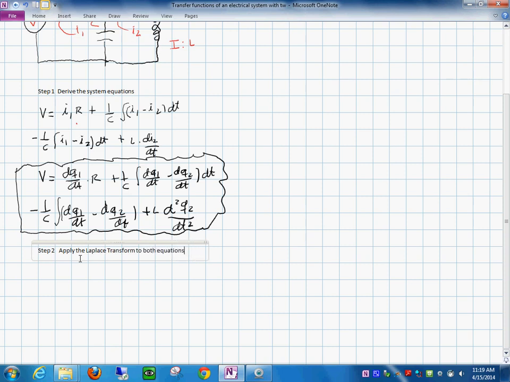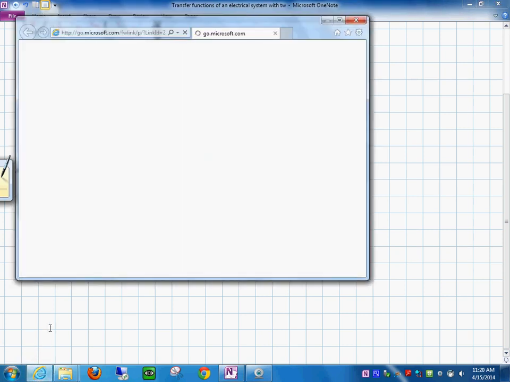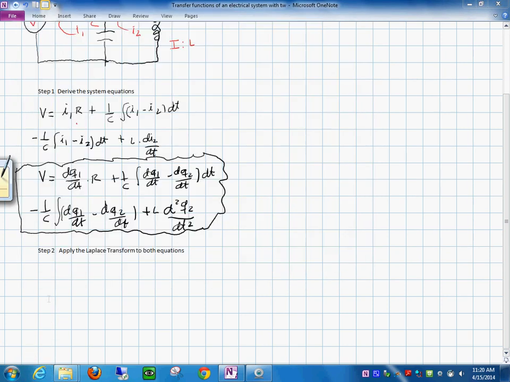Okay. So in here, we need to remember what is the concept of the Laplace operator? It says that d dt is equal to s.